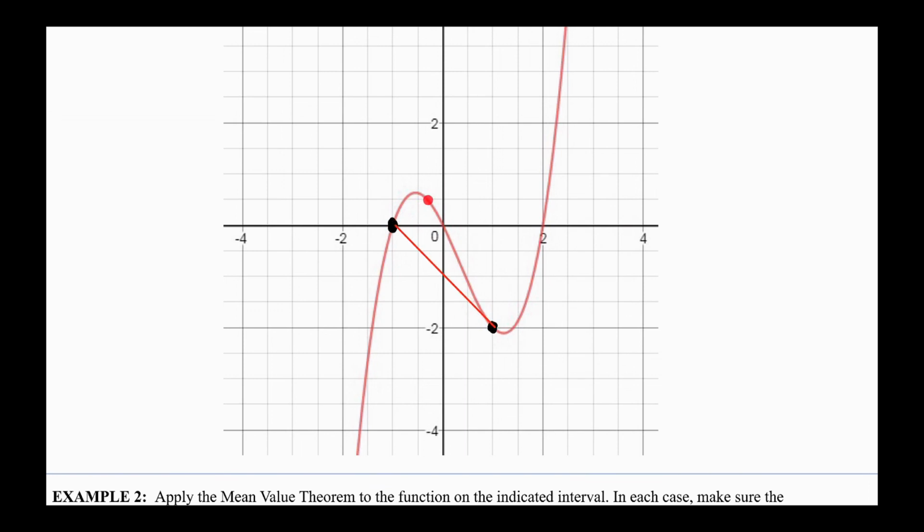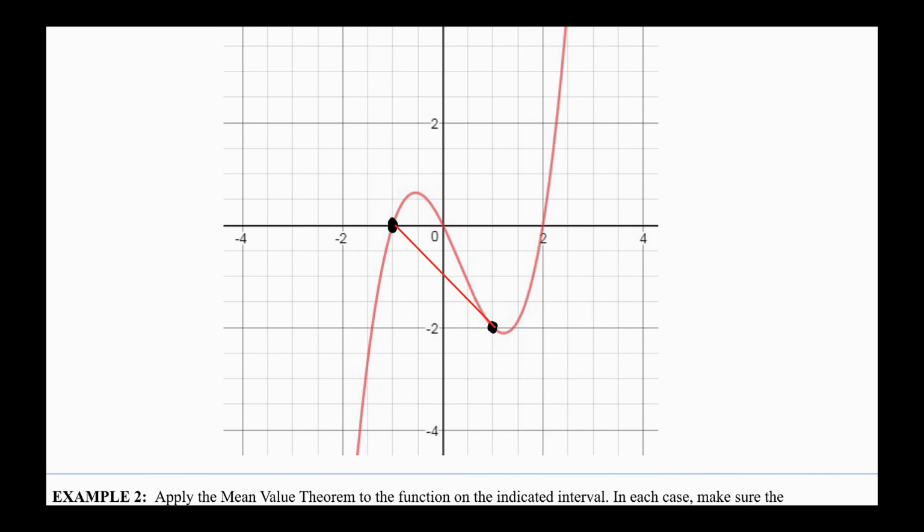And then we found, I think it was 1/3. 1/3 had the same derivative, the same slope. And I think -1 right at there had the same one. So that's what the mean value theorem says.